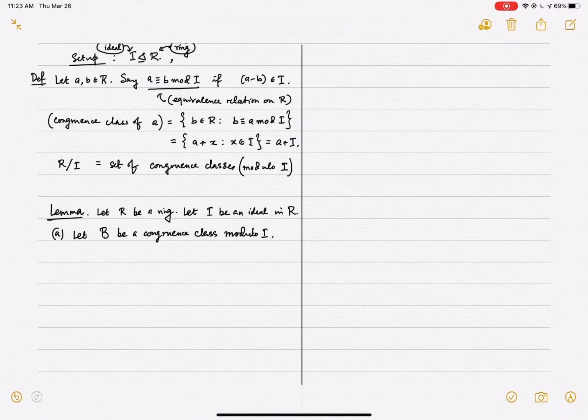Then the following are equivalent. TFAE, meaning the following are equivalent.